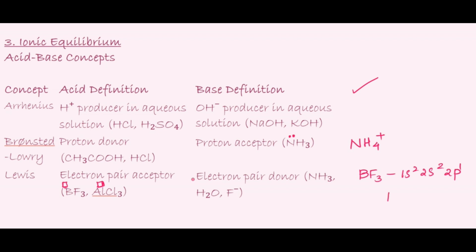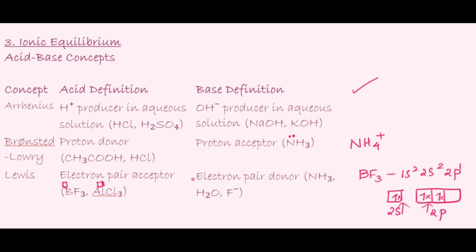If I write 2s2 and 2p1, how does it accommodate the 3 fluorines in the excited state? One electron jumps to the vacant p orbital, making room for the incoming fluorine, so fluorine attaches here.